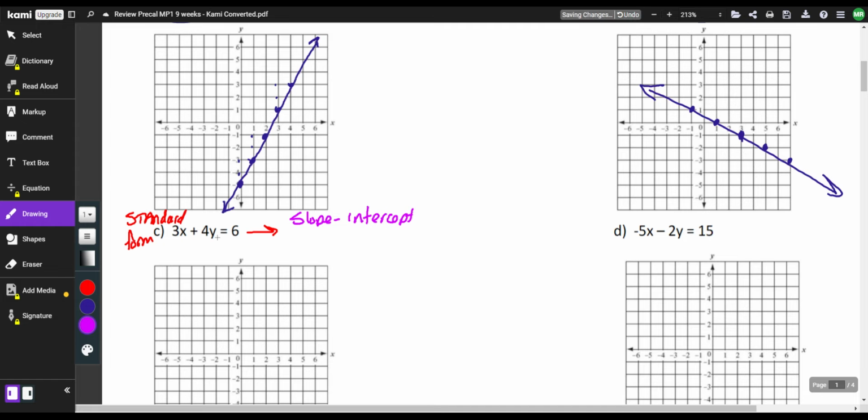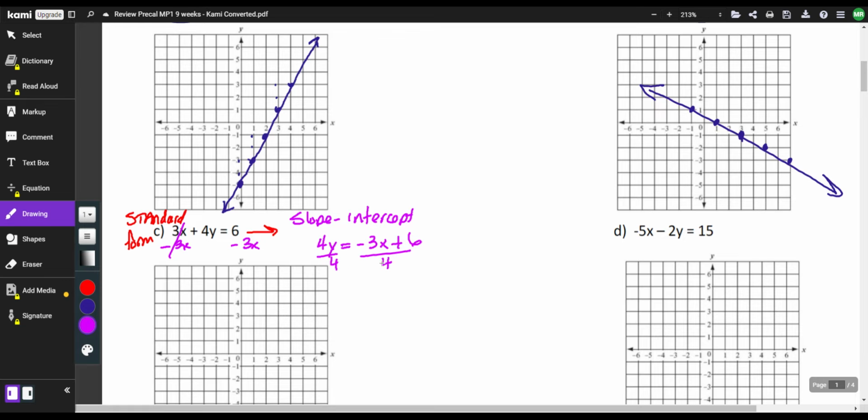So what I'm going to do is try to isolate y by itself by subtracting 3x from both sides. Those will cancel, and I'll be left with 4y equals negative 3x plus 6.